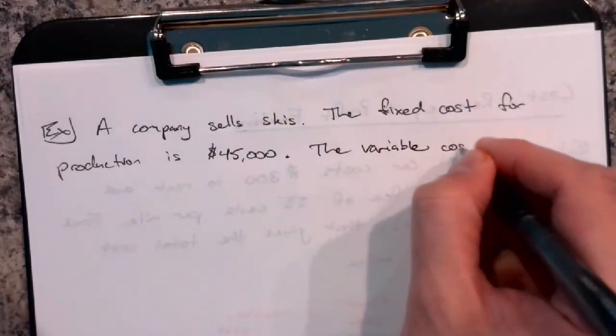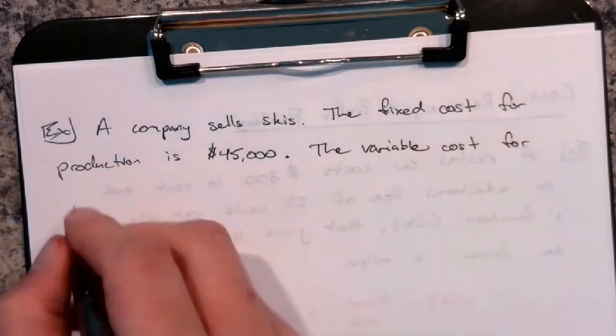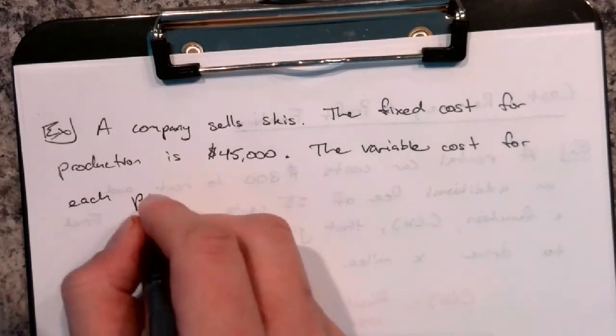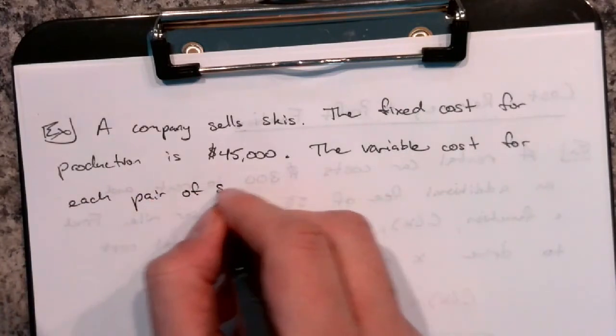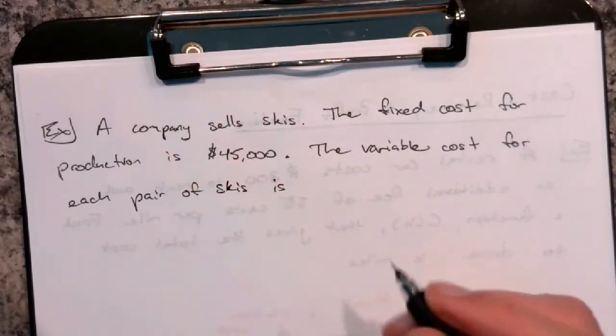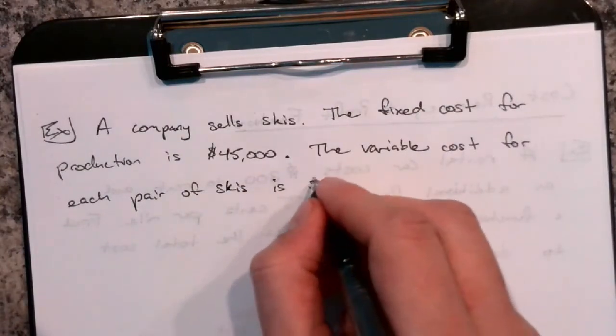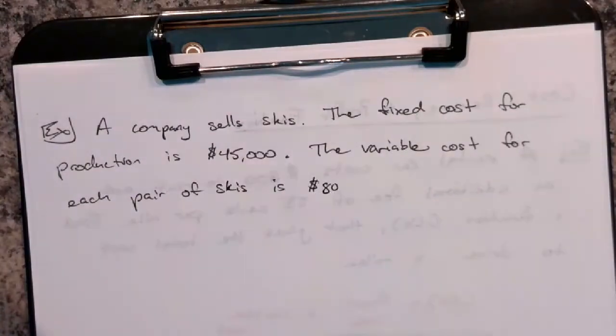The variable cost for each pair of skis is $80. That's $80 per pair of skis.